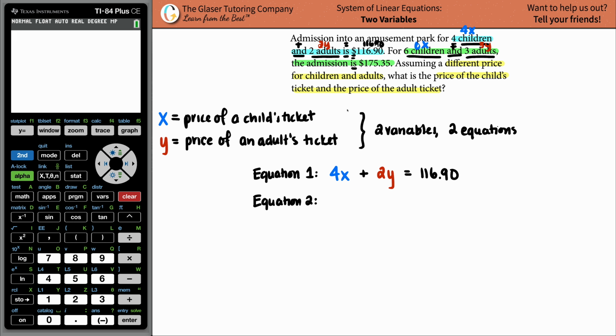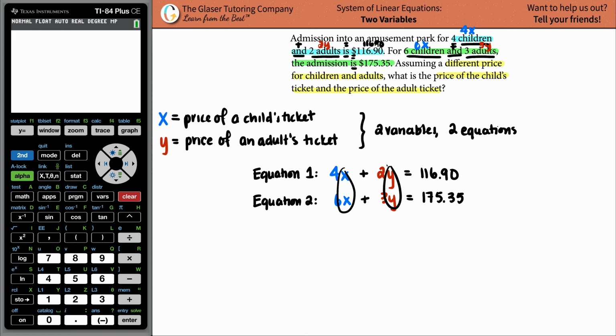So here we go: 6x plus 3y equals 175.35. So now we've got our two beautiful equations, and we have to figure out how to get x and y.